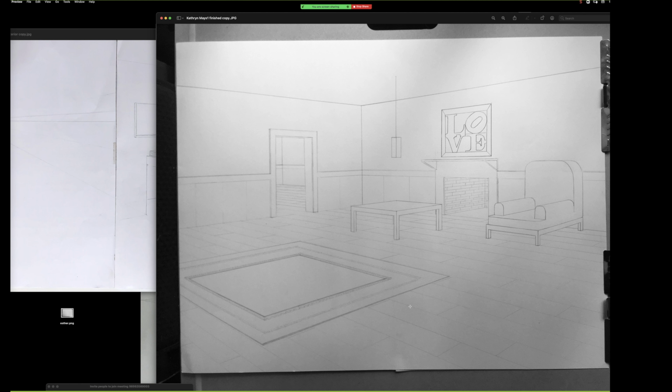Whose line is longer on their drawing, the line denoting the corner of the room? This drawing, the corner of the room is longer. This line right here, that line that denotes the corner of the room, is longer, takes up more space, more vertical space on this drawing than it does on this drawing.